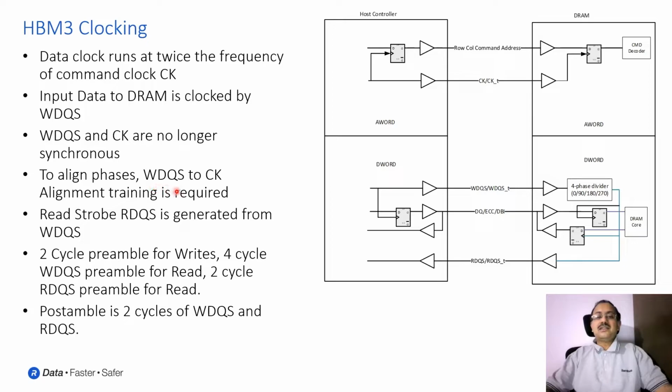Now the first thing is that the write strobe and the clock have to be aligned. So an alignment training is required to make sure that they are not off by a very high value. This is limited to within about 20% of the CK time. The read strobe is, as we can see here, retimed from the write strobes.